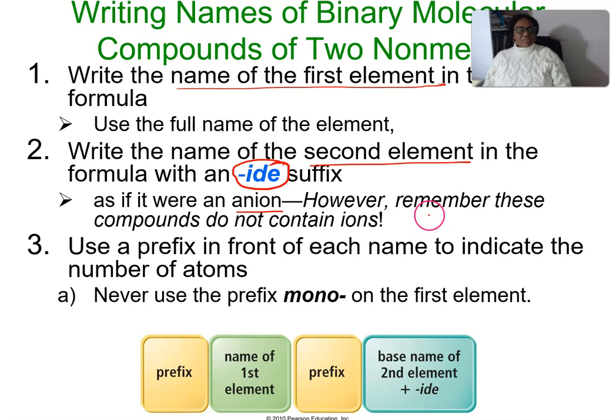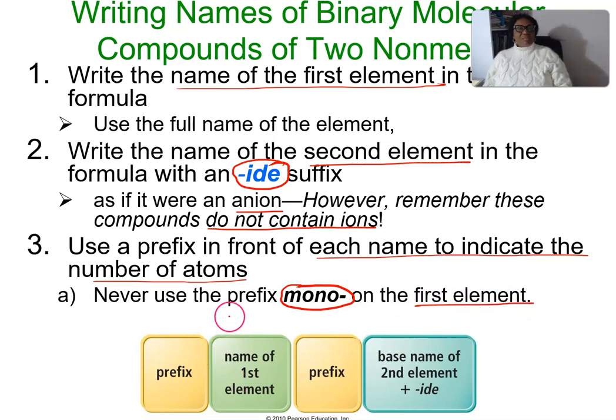However, remember that molecular compounds do not contain ions. So use a prefix in front of each name to indicate the number of atoms. And don't forget again, the prefix mono cannot be used for the first element.